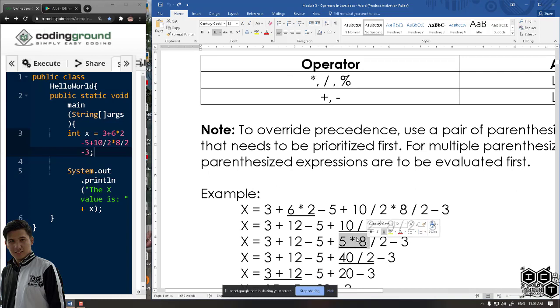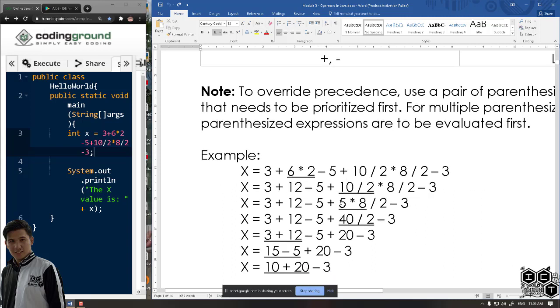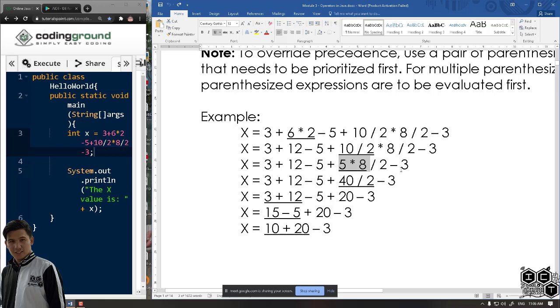So, regardless kung ang nauna dito is division or multiplication, for as long as kung sino ang naunang nagpakita, yun ang i-execute mo. Okay, so, dito, in this case, ang naunang nagpakita si 5 times 8, hindi si 8 divided by 2. Ito yung una natin execute si 5 times 8. As simple as that. So, 5 times 8 is 40.